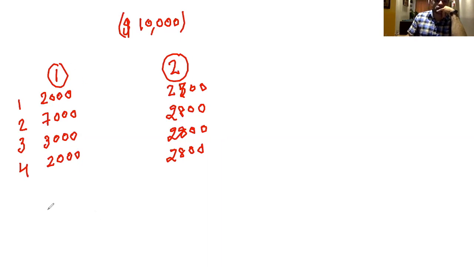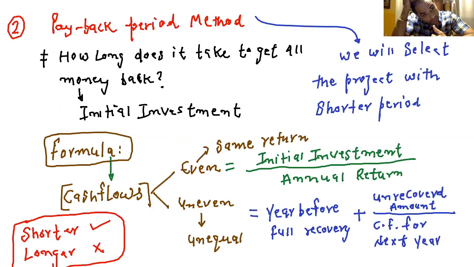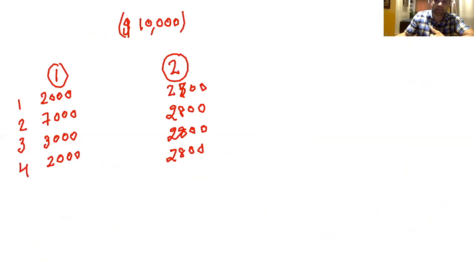All right. So the formula, going back to the previous slides, is year before full recovery, plus unrecovered amount and cash flow for next year. In order to get this unrecovered amount and cash flows, I'm going to make one more table here. That table will help us to apply this formula the right way.